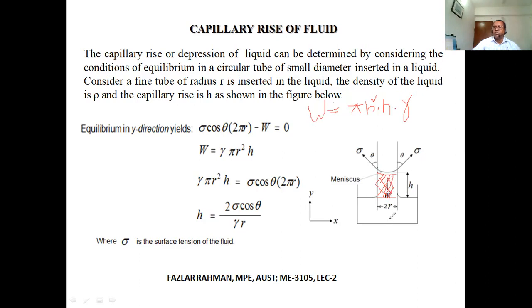And this weight works downward. But the fluid is not going downward. It remains like that. What is the reason? In terms of mechanics, that means somebody is obviously pulling it up. Somebody is trying to move it downward due to the weight, but somebody is pulling it up. That's why it remains in this static condition.